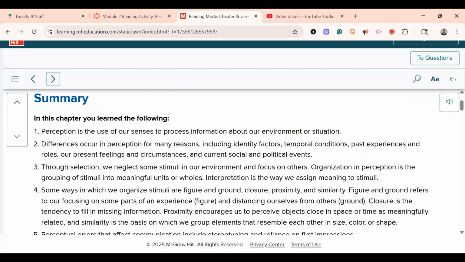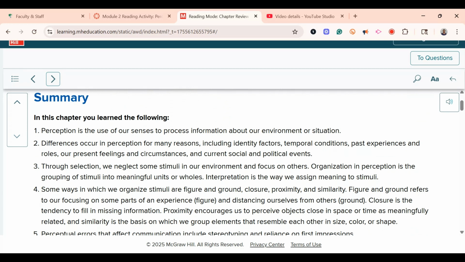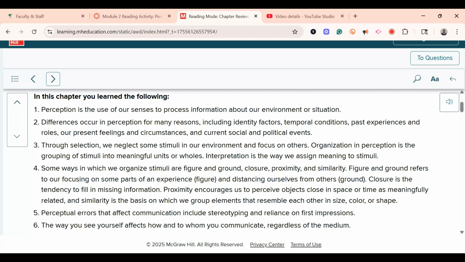So, in summary, in this chapter, we looked at perception. We looked at differences that occur in our perception for many reasons in terms of identity factors, temporal conditions, past experiences, roles, and our present circumstances, as well as our current societal events.